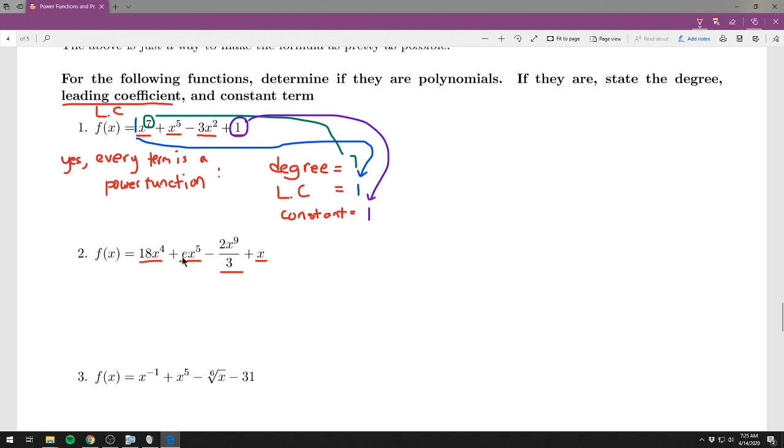All the numbers here are real numbers. There's no i's. And all the powers of x are positive whole numbers. We've got x to the 4th, x to the 5th, x to the 9th, and x to the 1st. The 3 down here is fine because it's just part of this coefficient. So yes, it is a polynomial. For the same reason as above, every term is a power function.